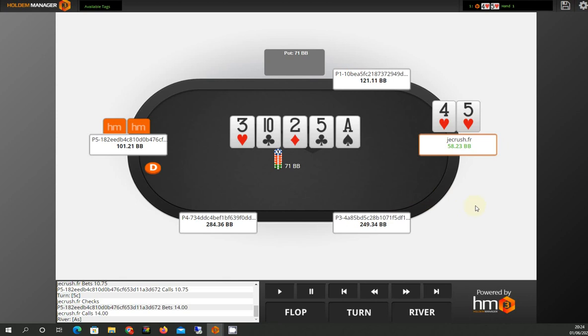In order to analyze this spot, we're gonna use Piosolver. For those who don't know, Piosolver is a GTO software. It's the first one which was launched on the market in 2015, I think. Now it costs between $500 and $1,000 depending on the version you want to buy, and you will need very good hardware in order to run it, or you'll need to rent a server, which is what I do.